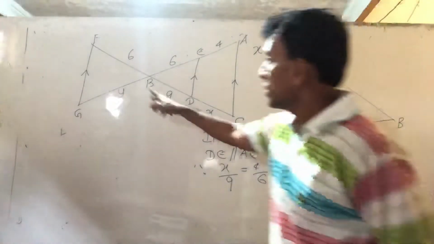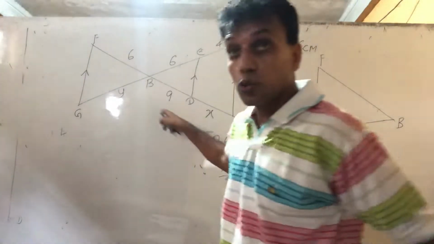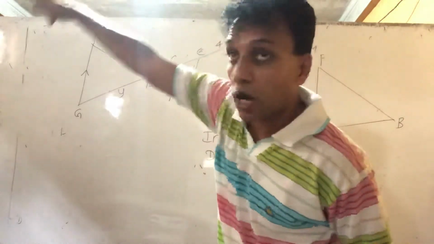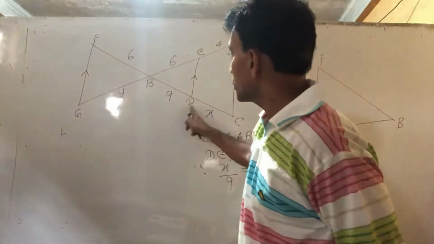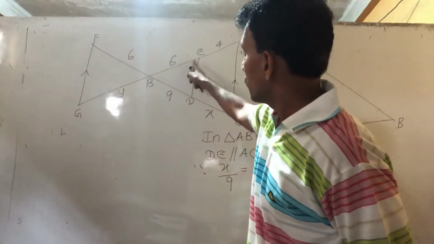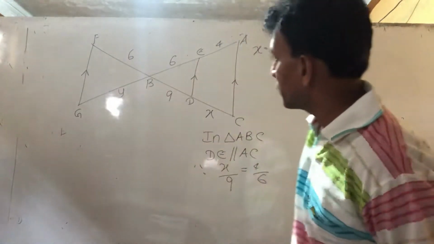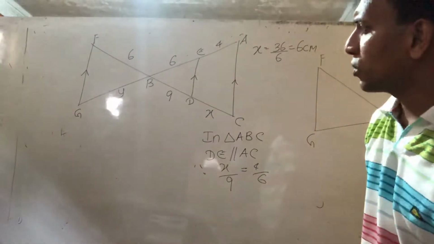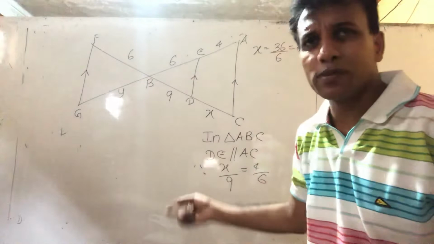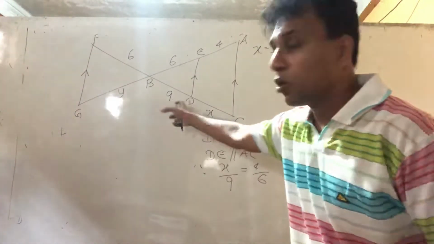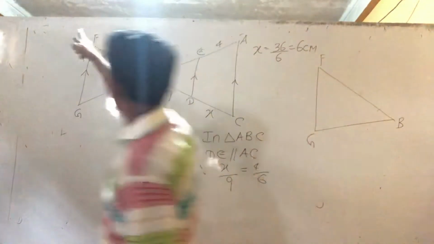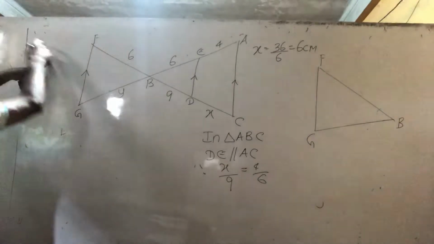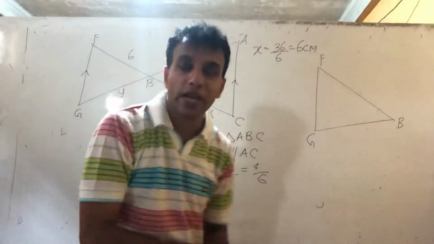This is 6. This is 9 that was told to you, too long, so it goes outside, no? Here 9 goes outside. Therefore this also comes maybe somewhere here. If you are confused, you take it here. If D comes somewhere here, D comes outside, therefore E also should come outside of that.